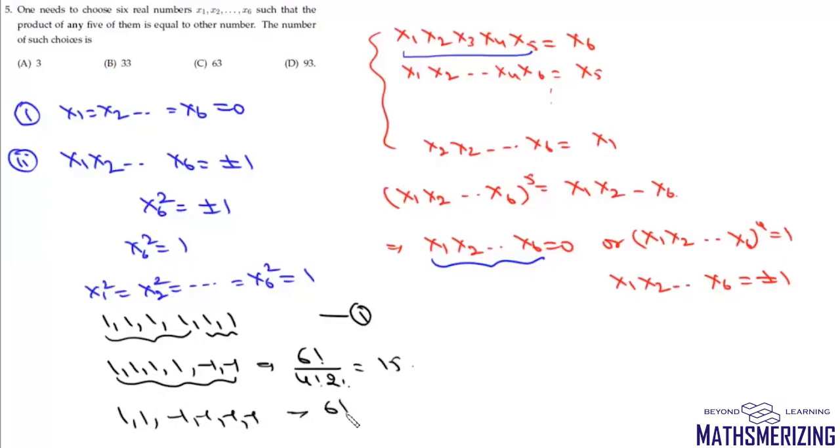So it will again be factorial 6 over factorial 2 factorial 4, which again is 15. And finally we have the condition when all the numbers are -1, which is again one case. So the total number of cases is 1 plus 1 is 2, and then 30 makes 32, plus 1 makes 33. So the total number of such choices is 33, and that's your option number B.